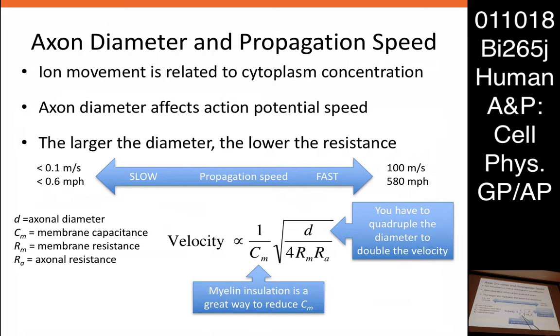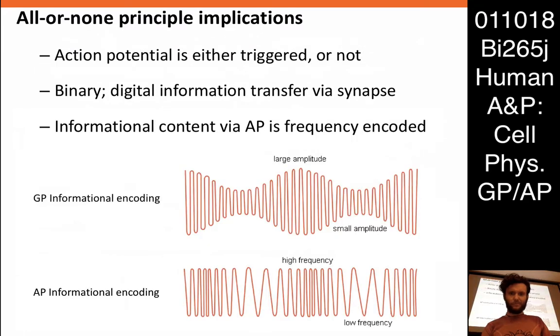So myelin is linearly proportional, and this is proportional as the square. So you have to quadruple this diameter, and that's why those squid axons are so enormous.